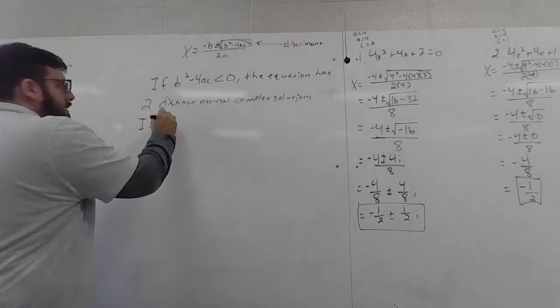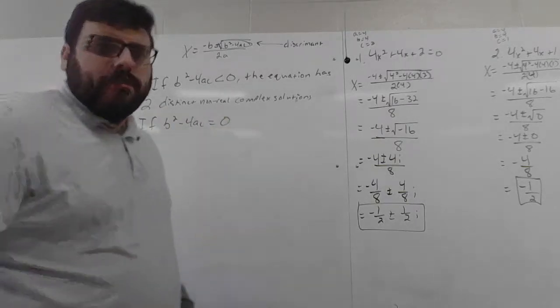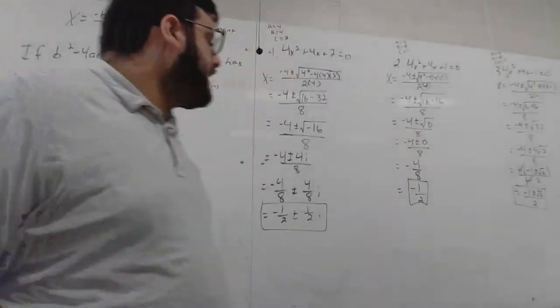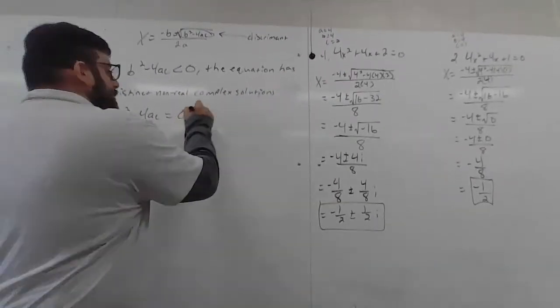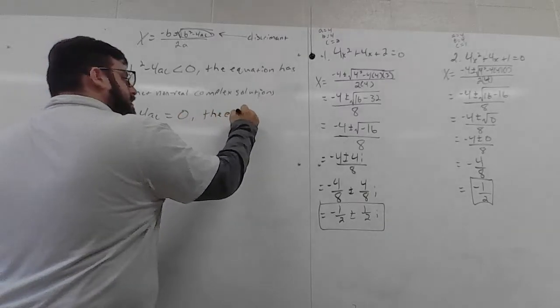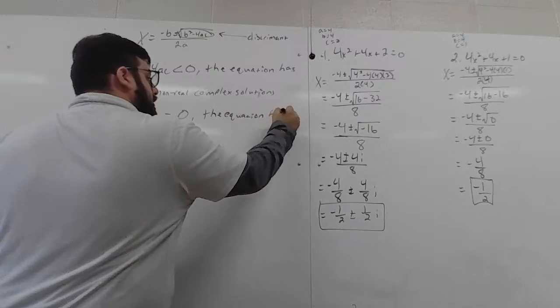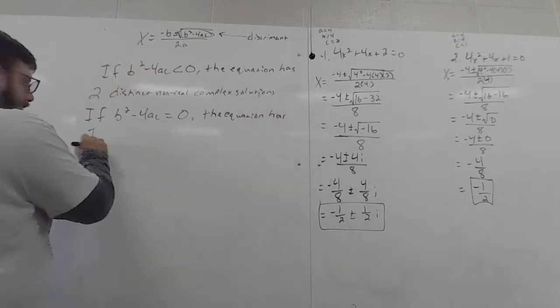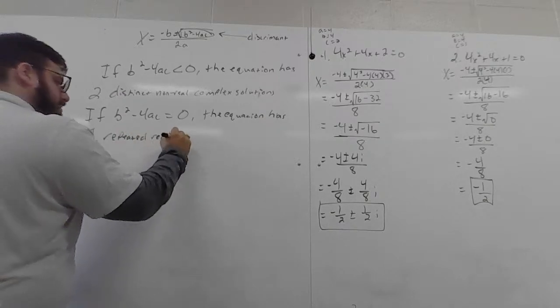Second case, if your discriminant is equal to 0, that's what we saw in this example right here. Then your quadratic equation will have one repeated real solution.